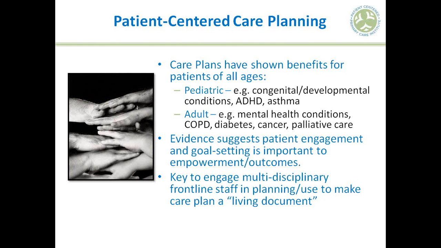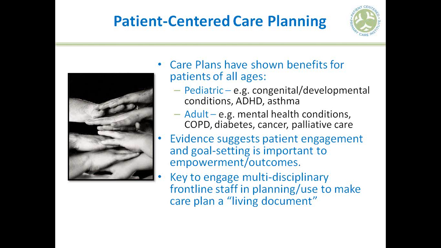And that leads to the next point, which is that evidence definitely suggests that patient engagement and goal setting is important to their empowerment and the outcomes of the care plan. If the care plan is to be effective, evidence suggests that the patient setting the goals is one of the most critical pieces.